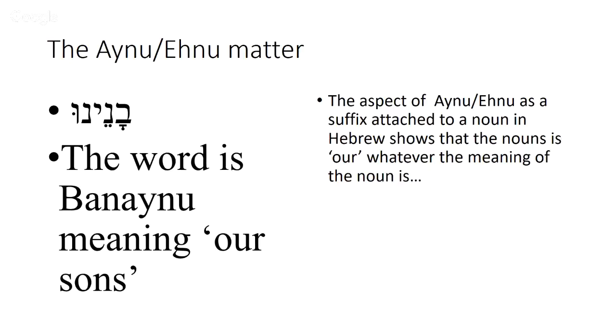Benenu Tobim, our sons are good. Benenu Asuquim, our sons are busy. All right, just using that as an example. So we're going to continue on in the next slide. Thank you, my brother.